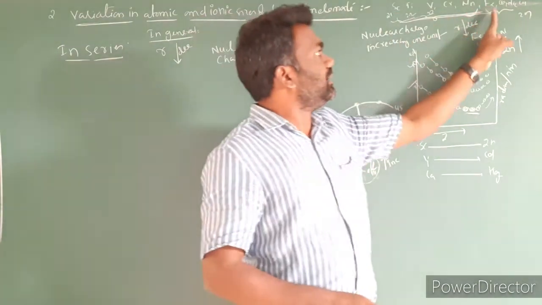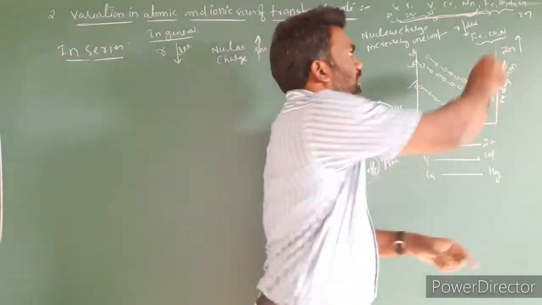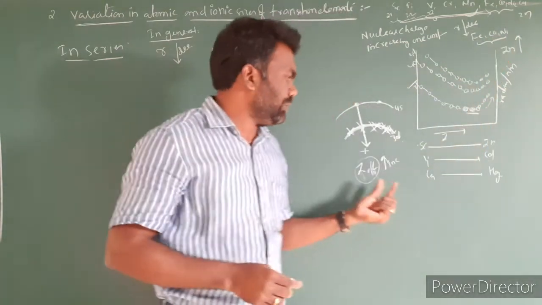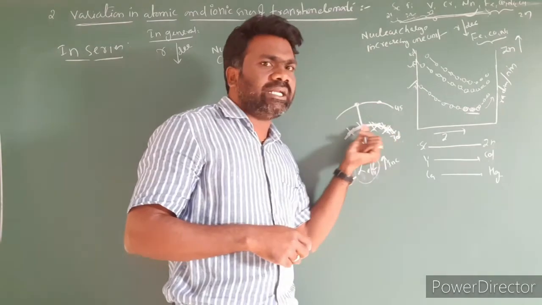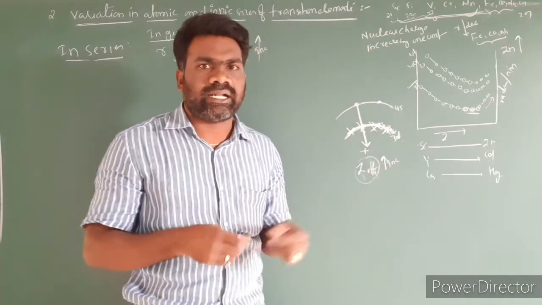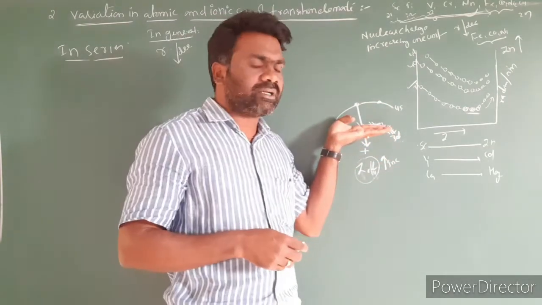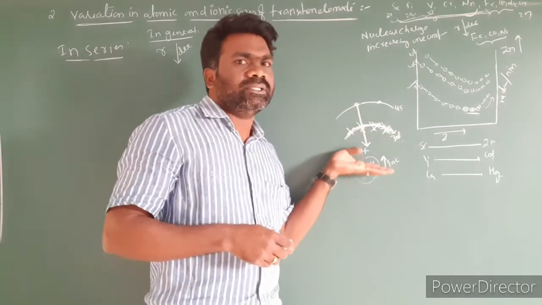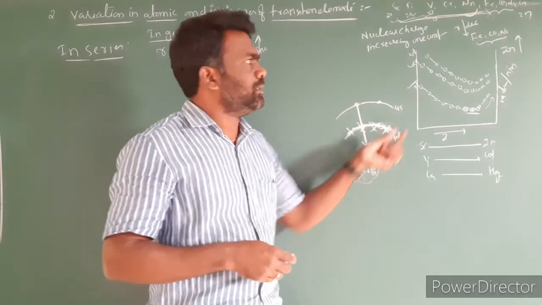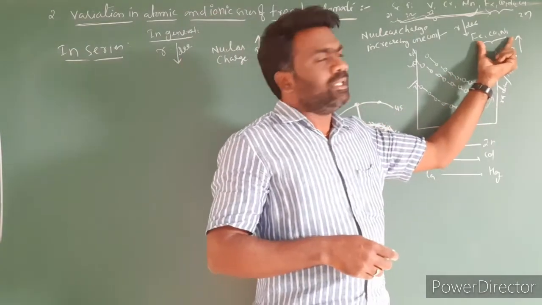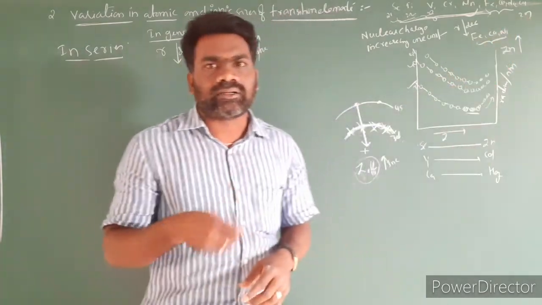Next, in iron, cobalt, nickel, nuclear charge increases and electrons are also added to the 3d orbital, so the repulsion of electrons and nuclear charge are balanced. Due to this balance, the size is almost constant.